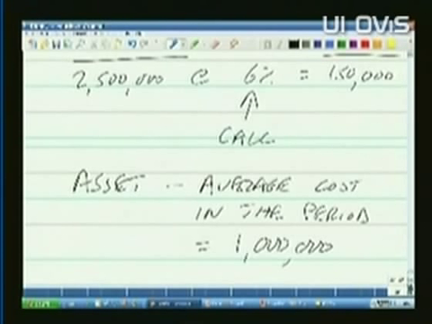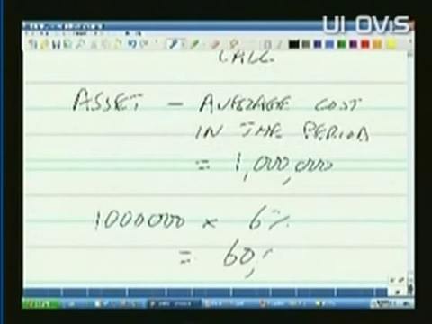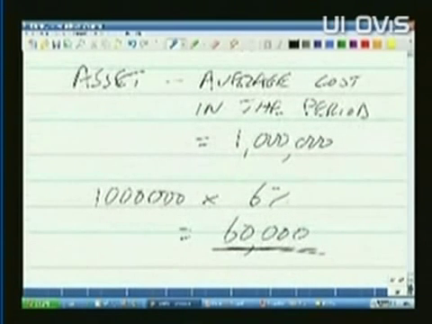So the average balance of that asset for the whole year is 1 million. I would therefore capitalise 1 million times 6%. So I would actually include, as part of that asset, borrowing costs of 60,000. So I'd include 60,000 as part of the cost of the asset.